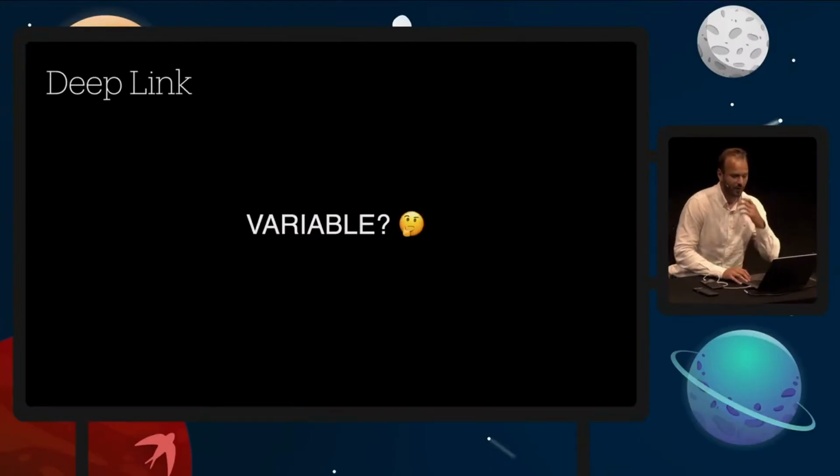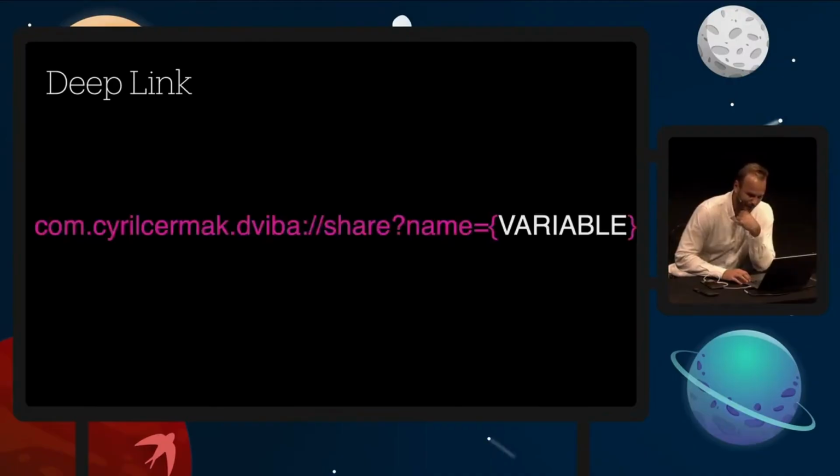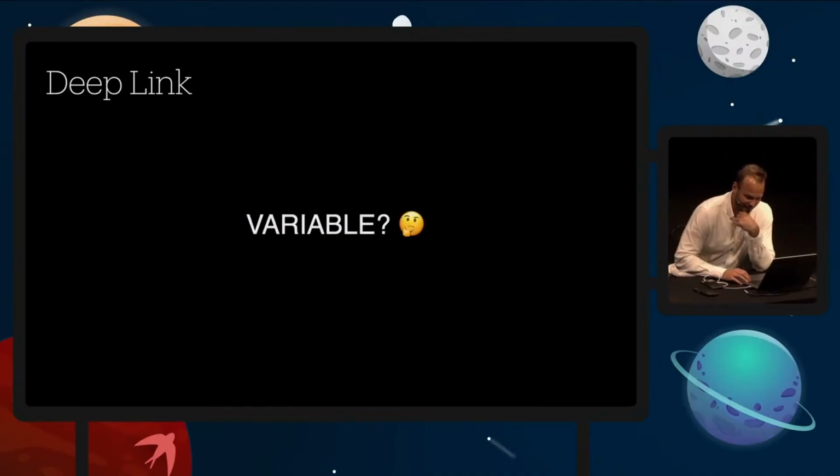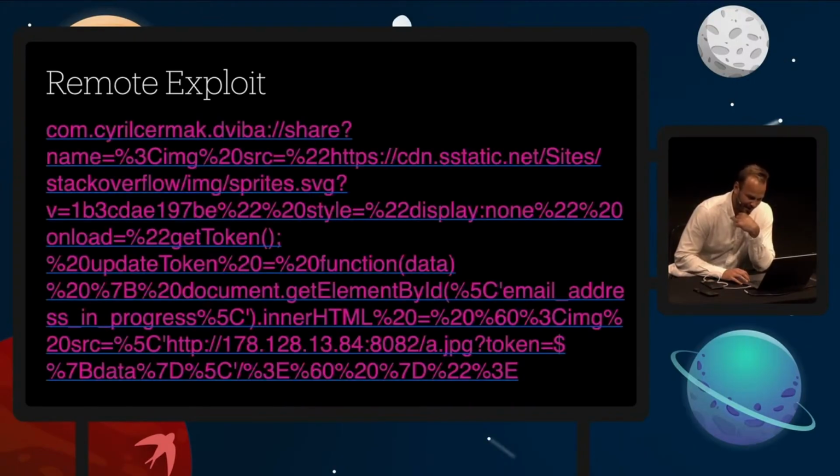So now, what about the variable? Like, you see that there is a variable. So what if we inject a script into the variable? This is the answer. This is pre-GPT era when it was developed, and this is basically escaped JavaScript, URL encoded JavaScript injected as the name.